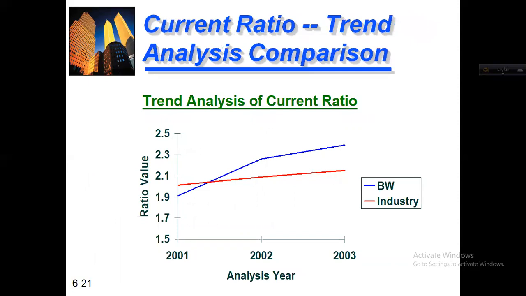So that is the graph. You can easily plot it. The current ratio is on the horizontal side, and the year is on the vertical side.